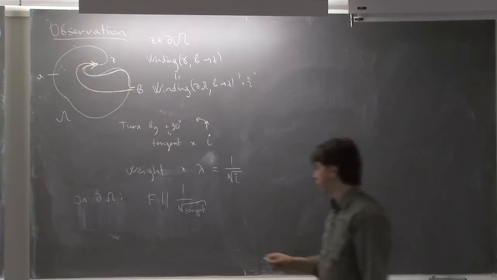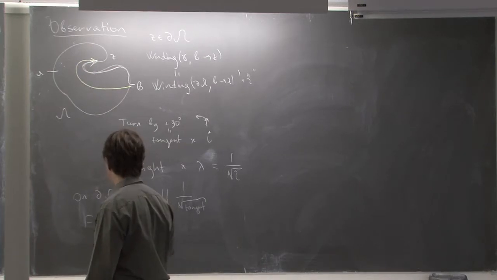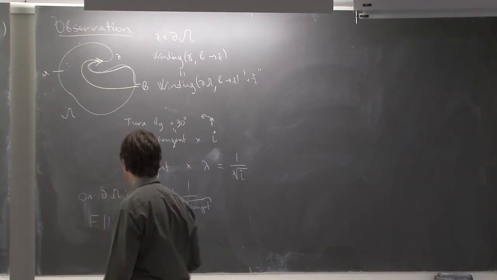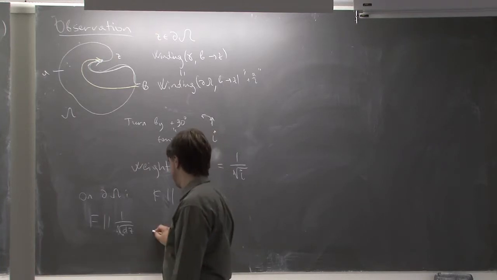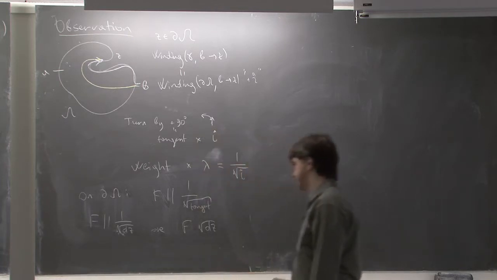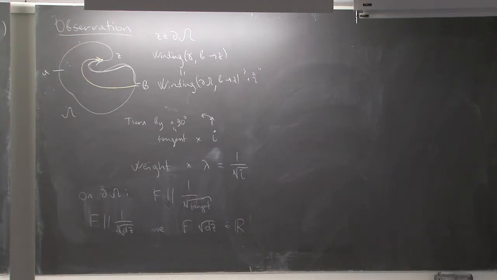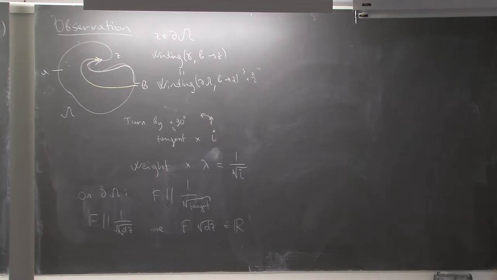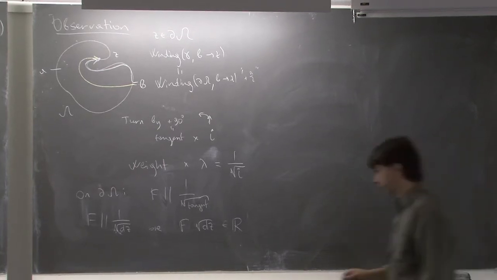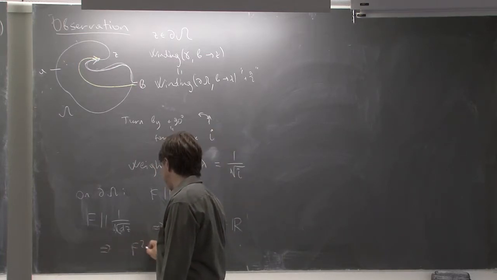So I can write it informally: f is parallel to 1 over square root of dz, or f times square root of dz is real, or imaginary, depending on how we define f at the first point, to be 1 or I. Or we can square it and write that f squared dz is real.